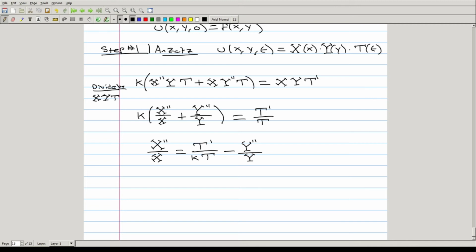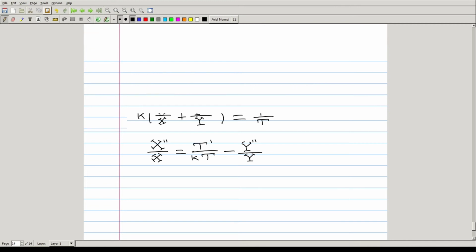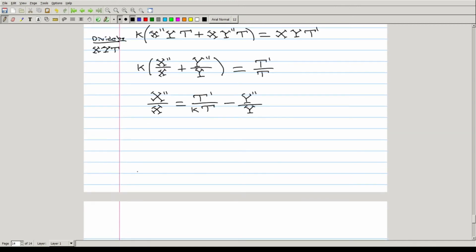which, just like before, is a ratio of function of only x here, and this entire thing is a function of y and of t.